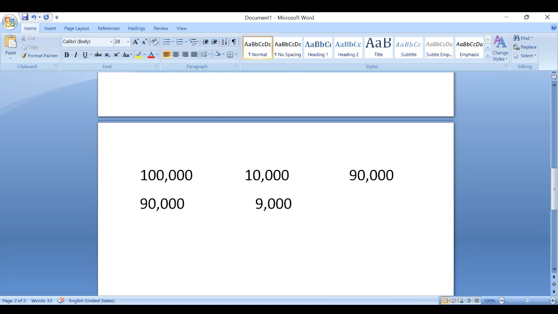And year 2 closing balance will be 81,000. In year 3, it will start off with 81,000. The depreciation will be 8,100. So this way they will write down the value of the asset.